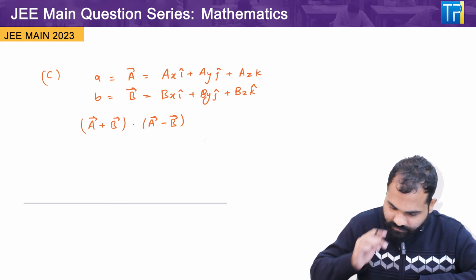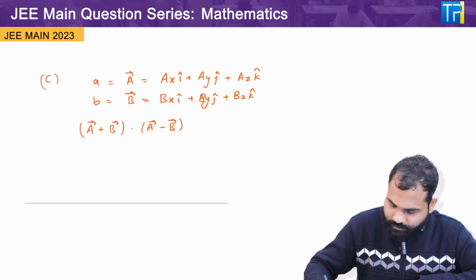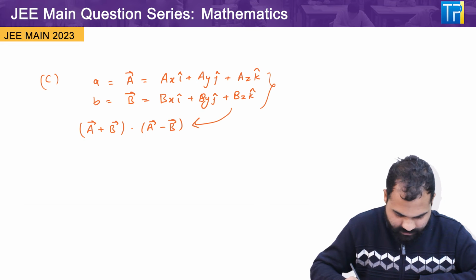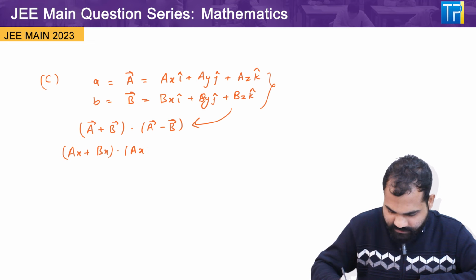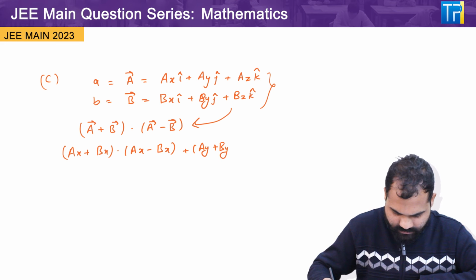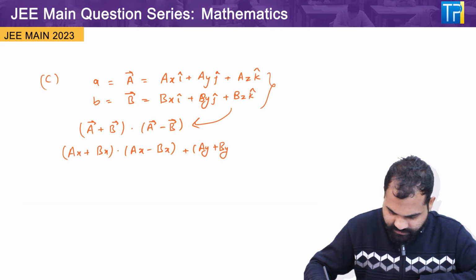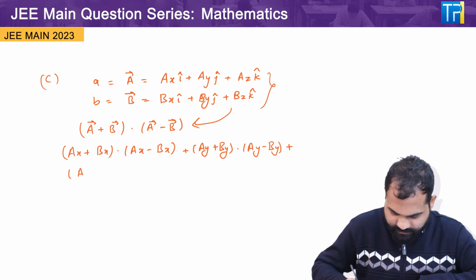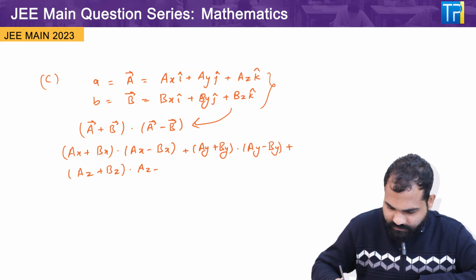Okay, and if we put these values here in this formula, then we have ax plus bx times ax minus bx, plus ay plus by dot ay minus by, plus az plus bz dot az minus bz.